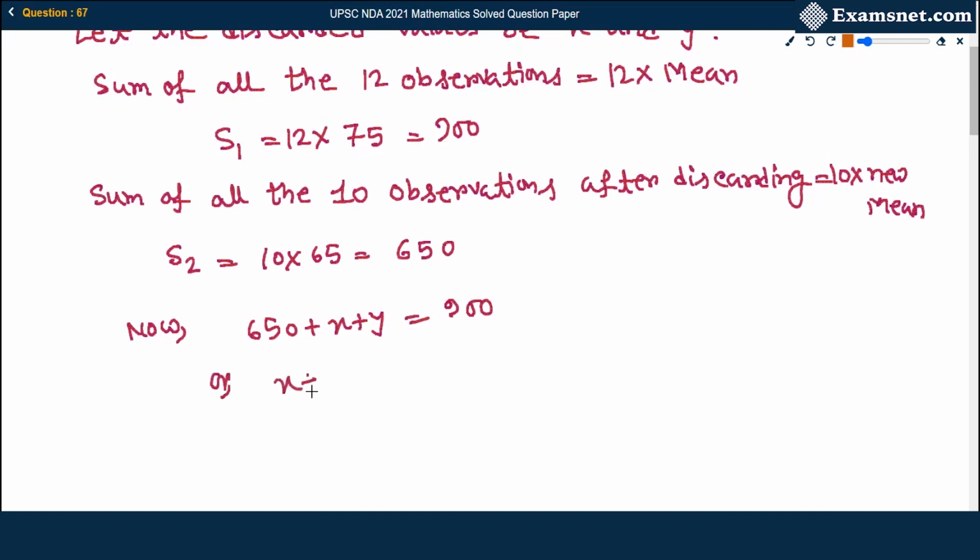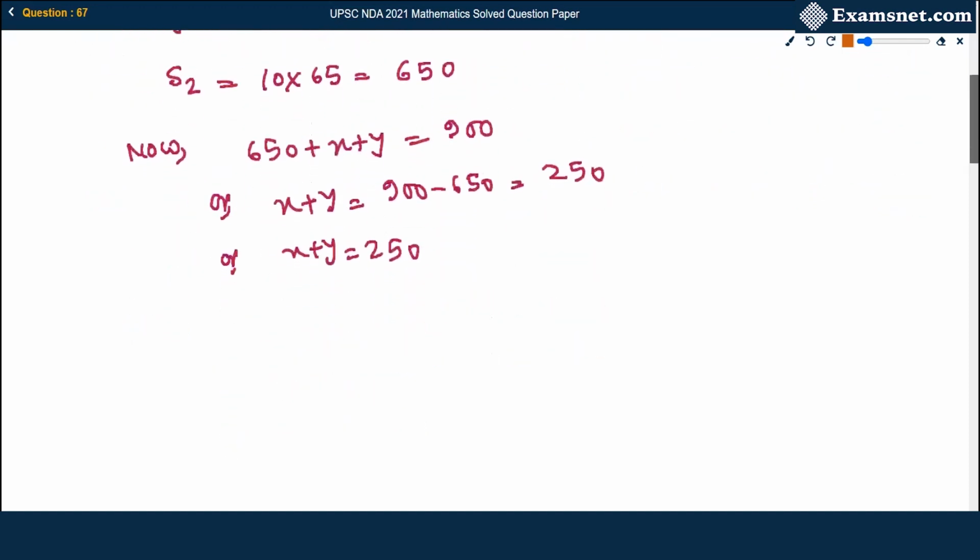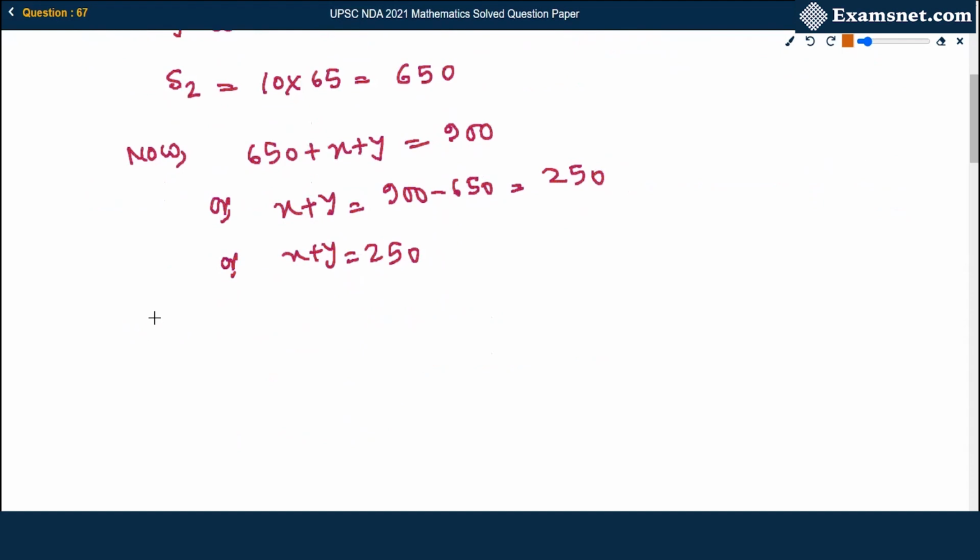So from here we can easily find the sum of X and Y. That is 250. X plus Y is 250, right? Next, we know how to find the average of X and Y. The formula is (X plus Y) by 2, right?